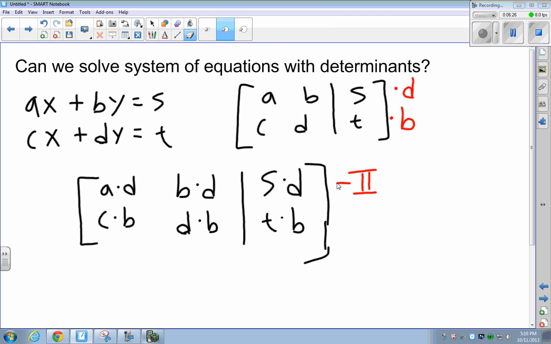Okay, so anyways, when we do that, we'll have a times d minus c times b, then b times d minus d times b, and we'll have s times d minus t times b.